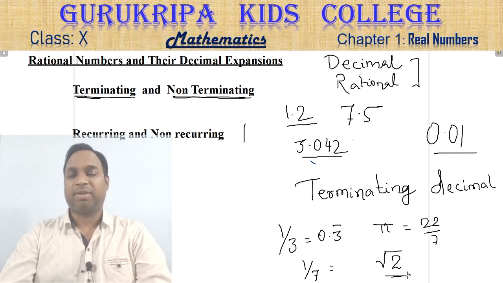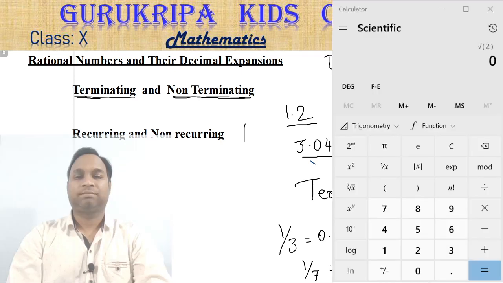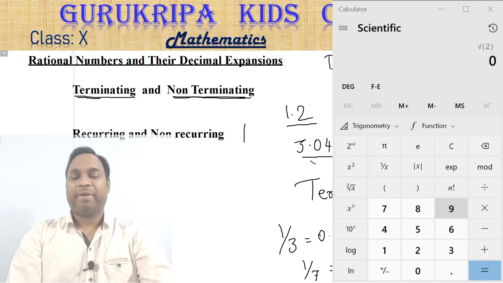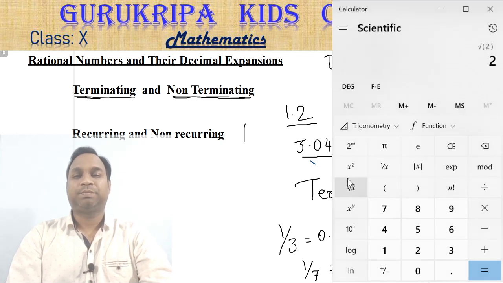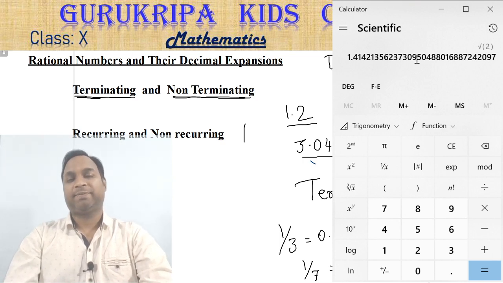I'll show you, just wait. Yes, you have the calculator over here. Try to calculate square root 2. See, how many decimal places are there? 1, 2, 3, 4, 5, 6, 7, so many are there. And if your calculator is able to display even more digits, you will get even more digits.